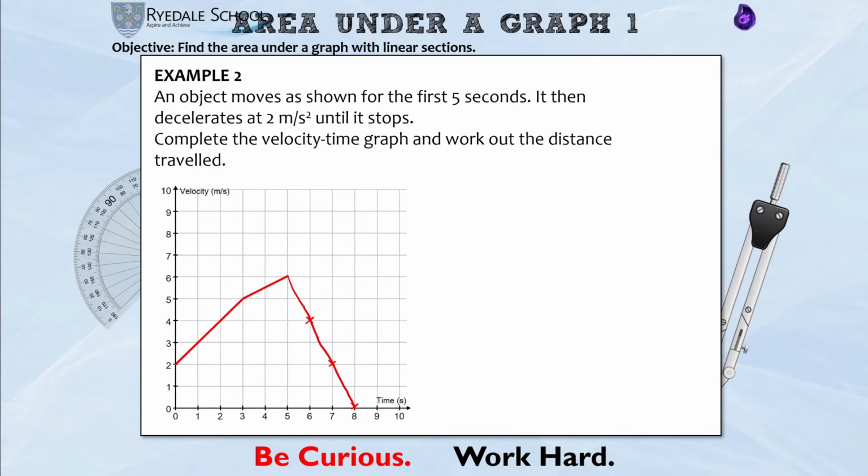It then says work out the distance travelled. So we have 3 sections to this graph, 3 shapes. And these shapes are a little bit more challenging because A and B are both trapeziums and C is a triangle.